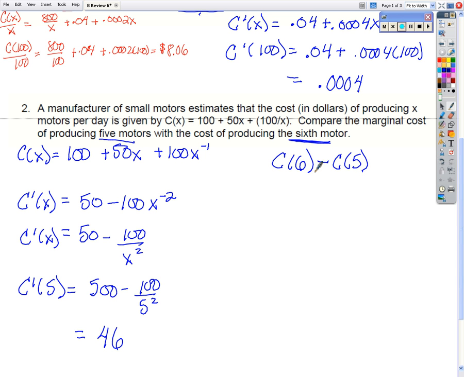That will leave you with just the cost of the 6th one. So if I plug in 6 to my original equation, I get $416.67. We plug in 5 to the original, we get $370. And that is going to equal $46.67.